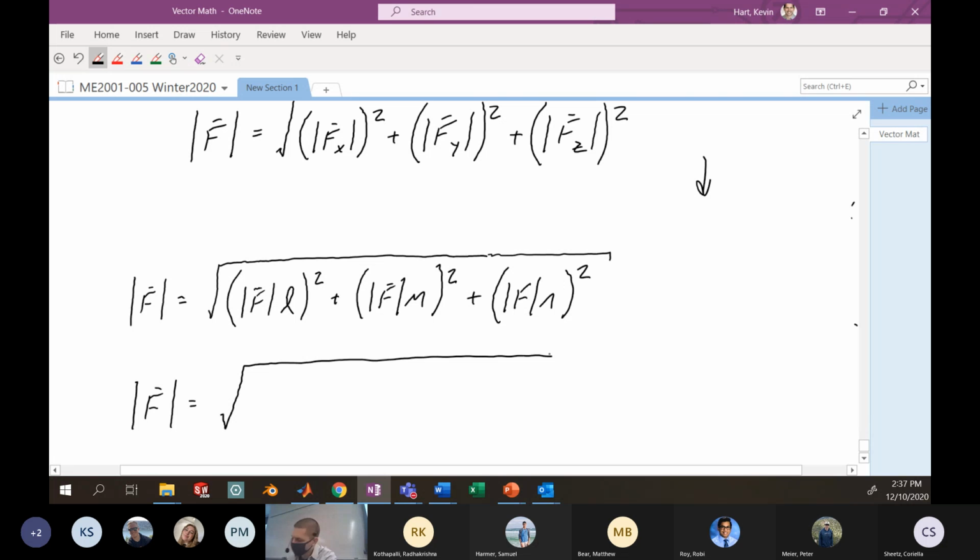Could pull out a magnitude of F squared out of all of this, and you're going to have something like L squared plus M squared plus N squared. That's just working my algebra magic there.